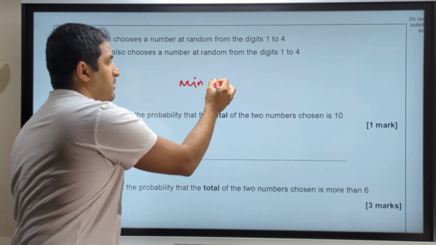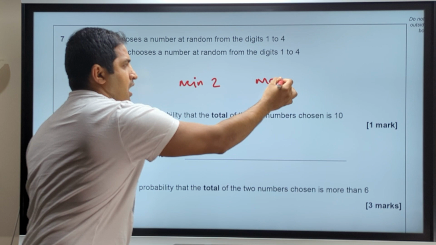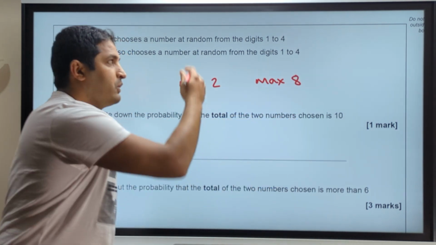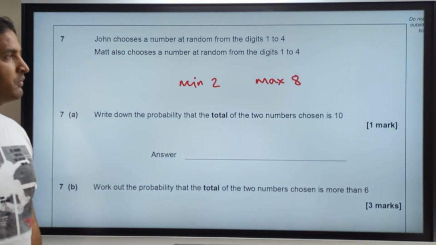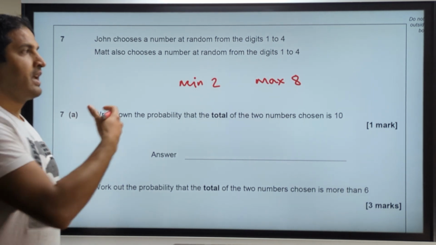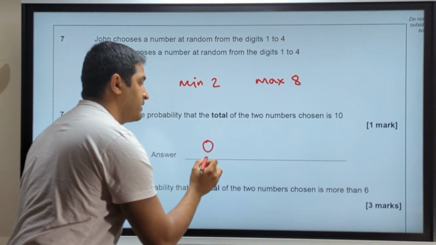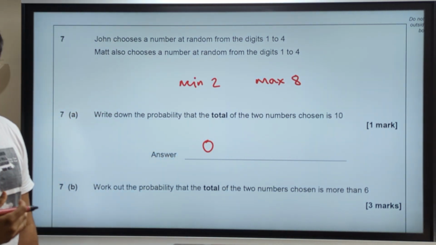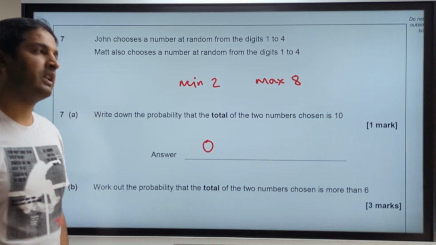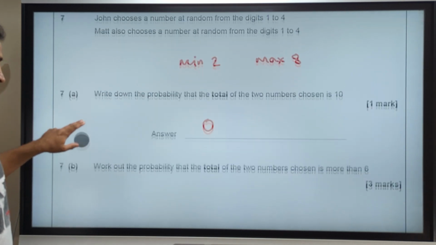So getting a score of 10 is impossible, and impossible means zero outcomes have a total of 10, so the probability of getting a score of 10 is 0.